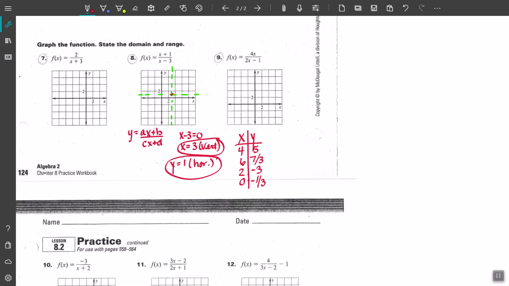All right, and then we'll plot those points. 4, 5, and 6, and almost 2 right here. So using those 2 points and the asymptote, I can draw that in, and do the same thing on the other side, 2, -3, and 0, -1/3.